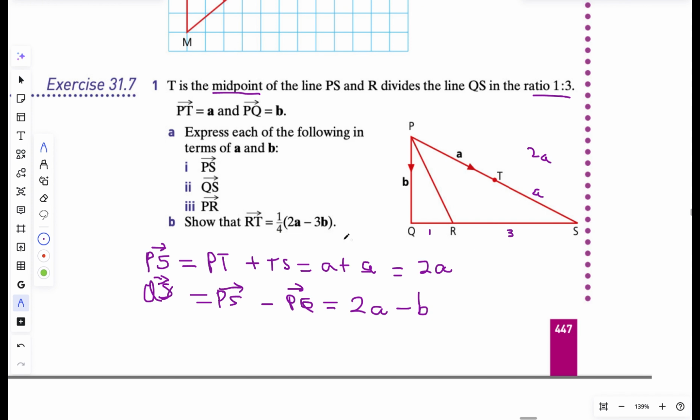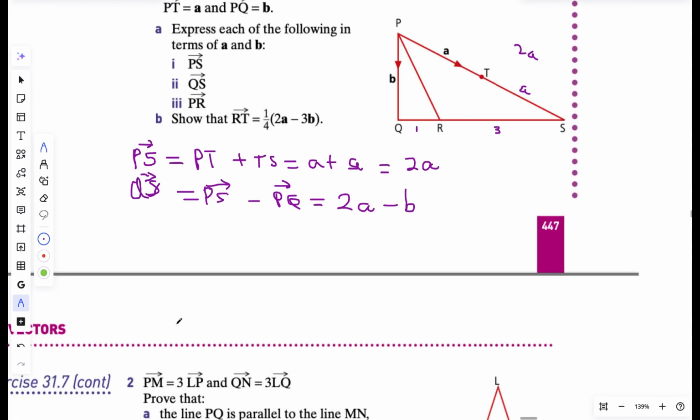Now, find PR, the third one. Vector PR. Okay, now let's take a look at PR. R is here.